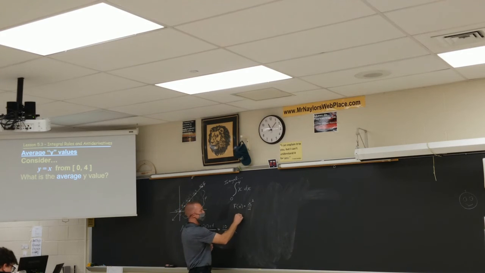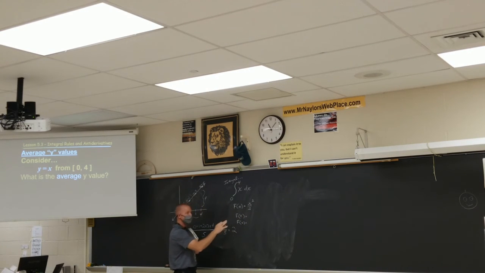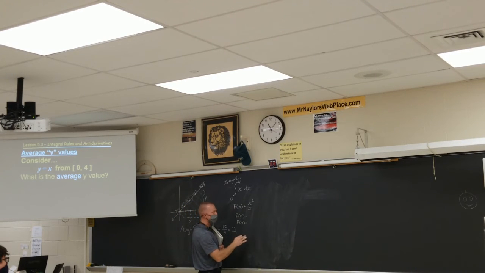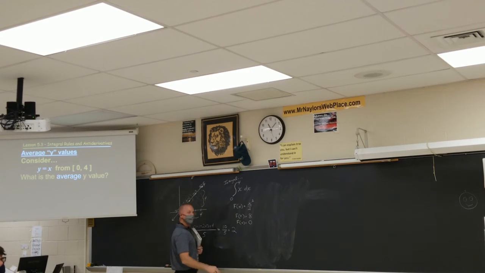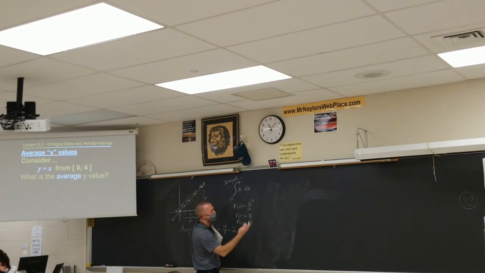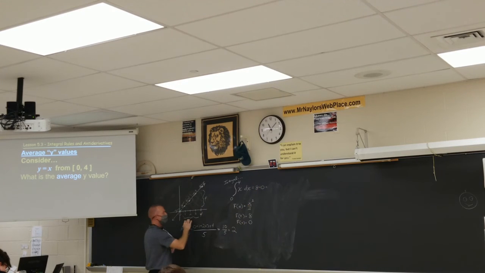And as we talked a lot yesterday, you have to plug in b and a, but individually, the number that you get for b, now that comes out to be 8, and individually, the number you get for 0, they don't mean anything until I subtract them. So 8 minus 0, of course, still equals 8, which, by the way, was also the area of this triangle.